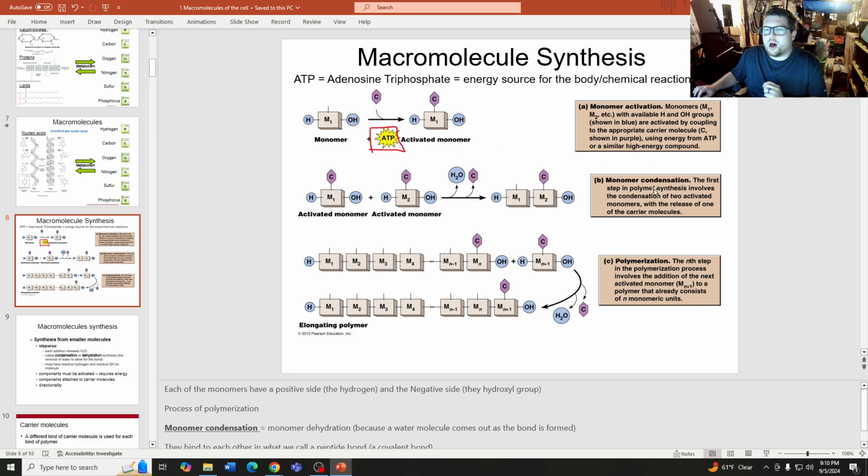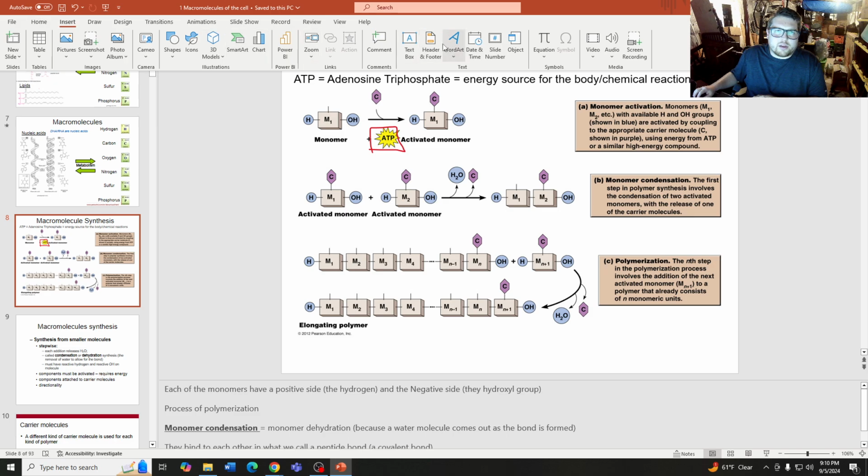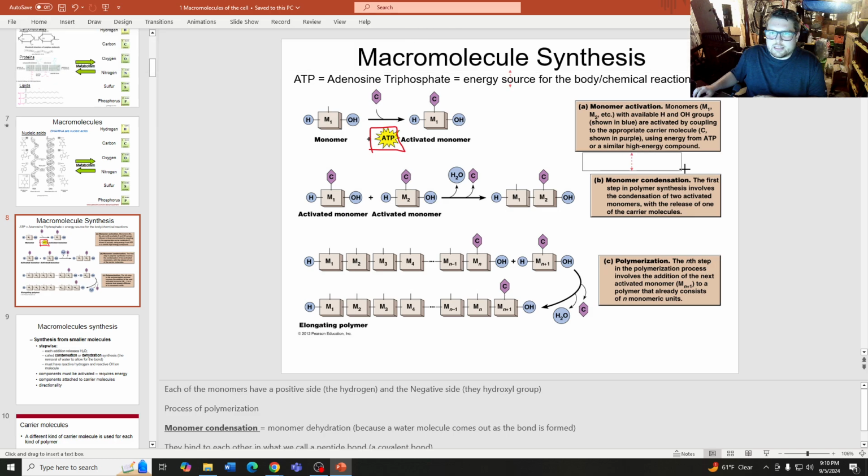Monomer condensation. Condensation is a type of reaction, and this is more biochemistry, you'll see this in biochemistry. It's a type of reaction where a bond forms and water is released.